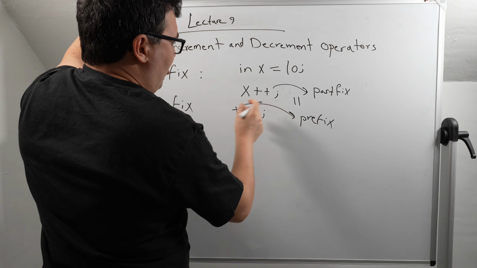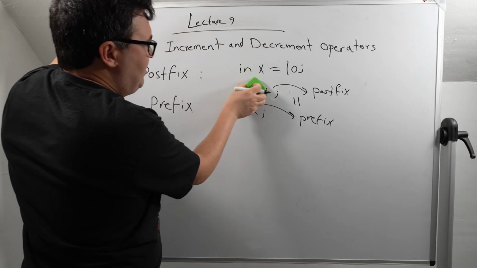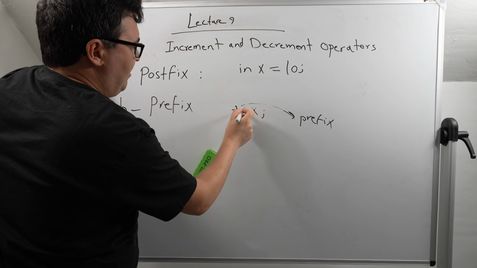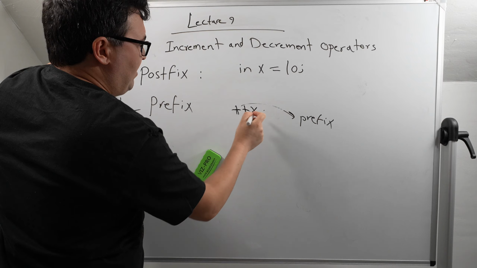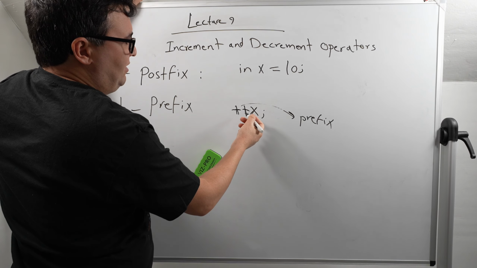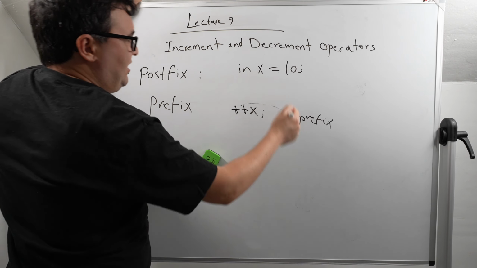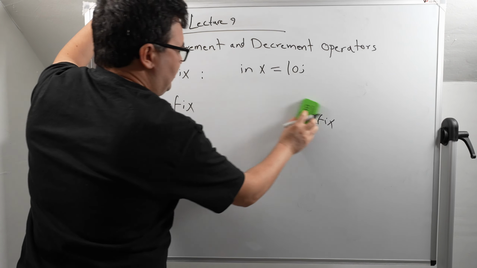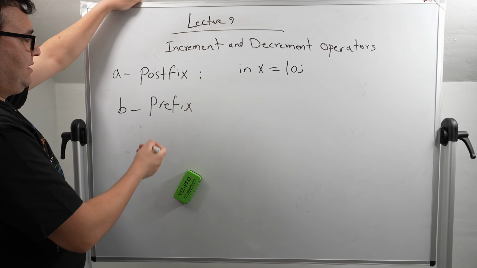In this case also, the value of the variable increased by 1, it becomes 11, so the output will be 11. This is for increment.